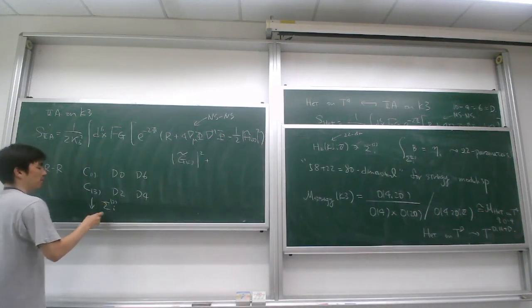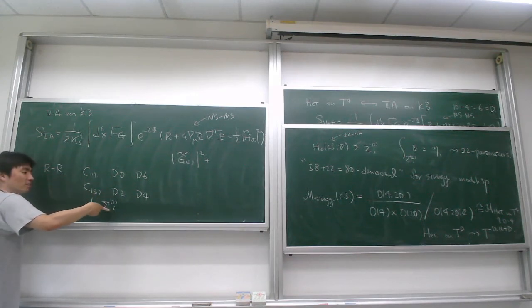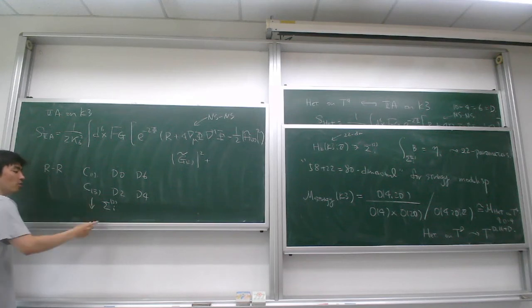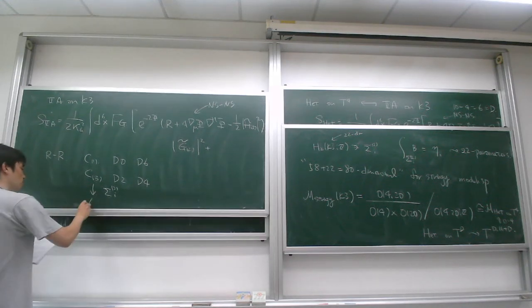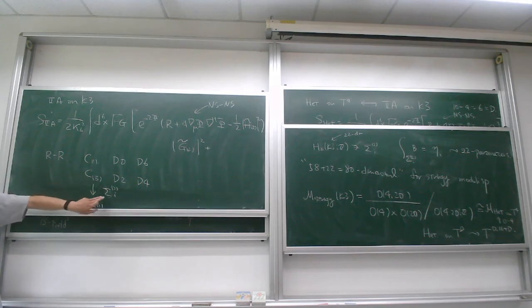If you wrap the 3-form flux on the 2-cycle, what is left is a 1-form. You just integrate two indices out on this 2-cycle on K3.